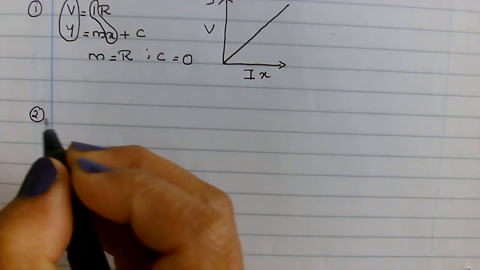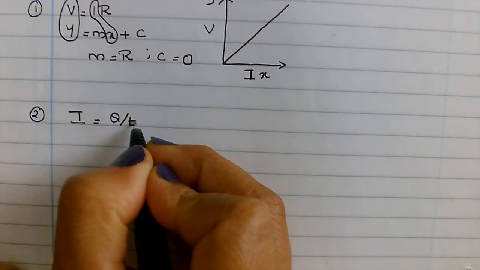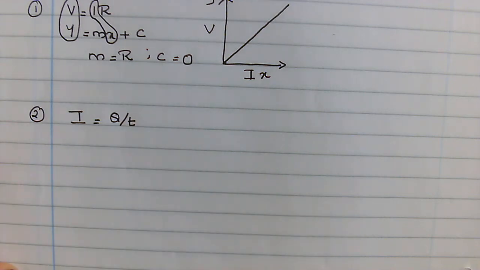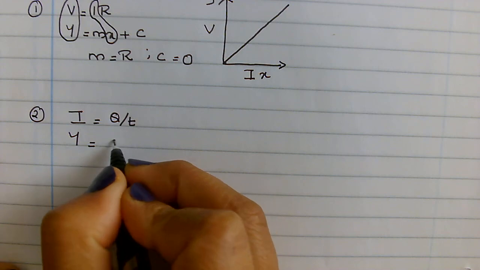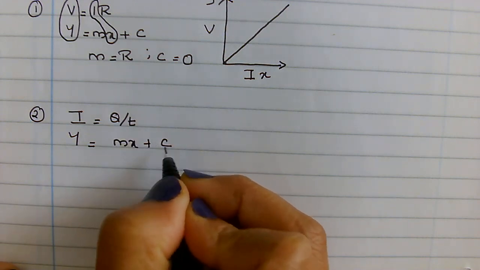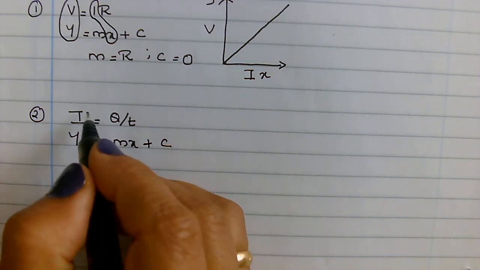Okay, so it can be as simple as this or a slightly different variation. I equals Q over t. Current equals charge flowing divided by the time taken. So here they are asking you to draw a graph so that you can find the charge that was flowing through the conductor. So again if I compare it with y is equal to mx plus c, every 1 second I am measuring how much current is flowing through the conductor.